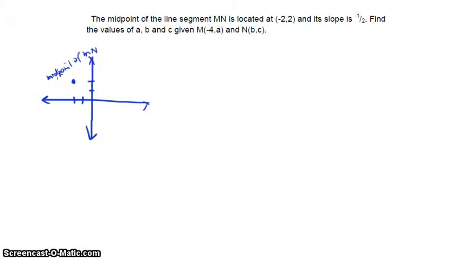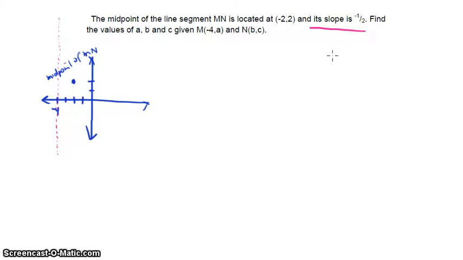Okay, we have another clue here that M is located at negative 4 on the X value. So if this is, let's say, 1 and then 3 and then negative 4, the point M should lie on this line. Okay, we don't know exactly where. But when you look at the information here, the slope is negative 1/2.